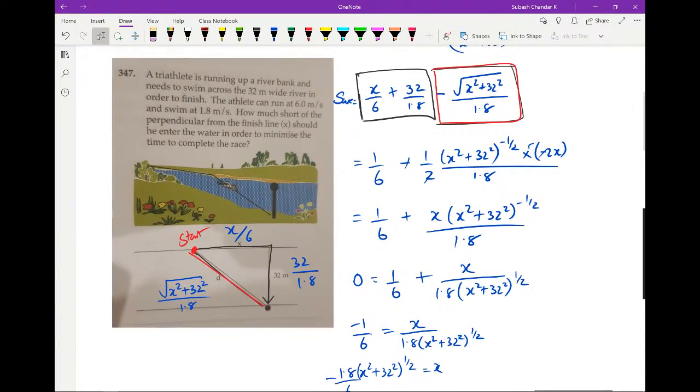So Dave, just to check how we actually form that equation, it's like this. See, if he starts from here and he goes along there, that's going to be x over 6, right? And then if he comes back down, that's going to be 32 over 1.8. So if he takes the yellow path, this is his yellow path right now.